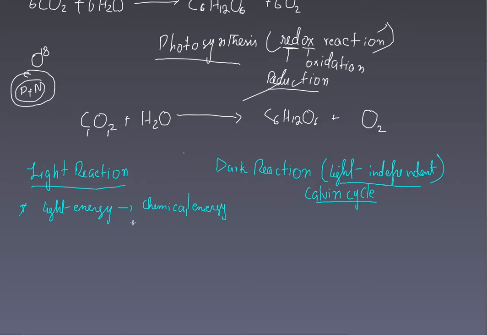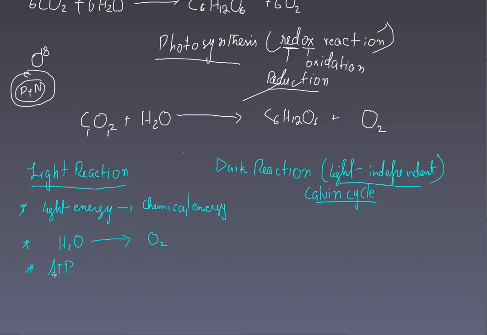Along this process, when the light energy is being converted into chemical energy, you are taking water and splitting water into oxygen, and at the end you get an ATP molecule.